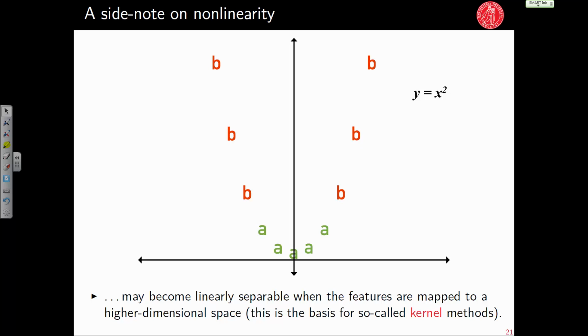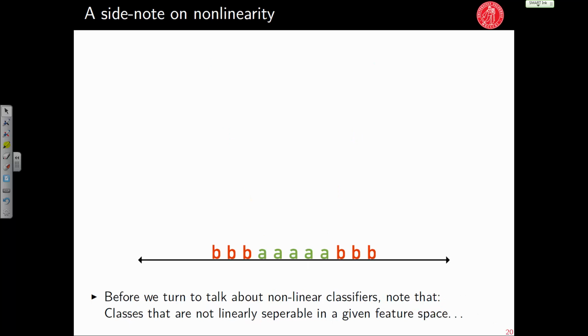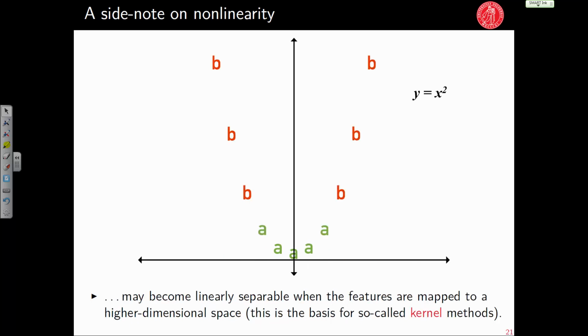And we can do this by basically saying that each point in the previous one-dimensional representation will now have an additional value on the y-axis, where the value will be the square of x. So y is the square of x. This is just an aside, but what we described here, the projection to higher dimensional spaces, is the core concept or the basis for something called kernel methods.